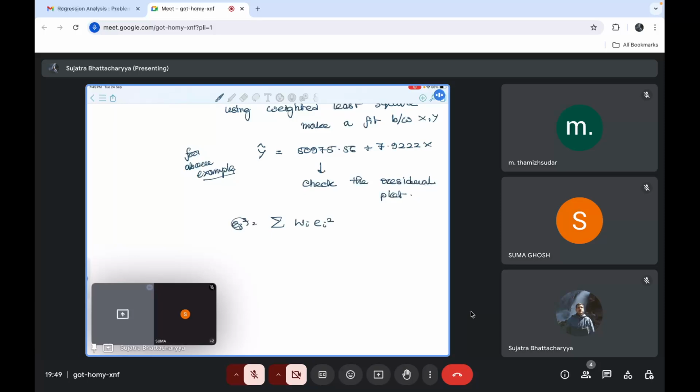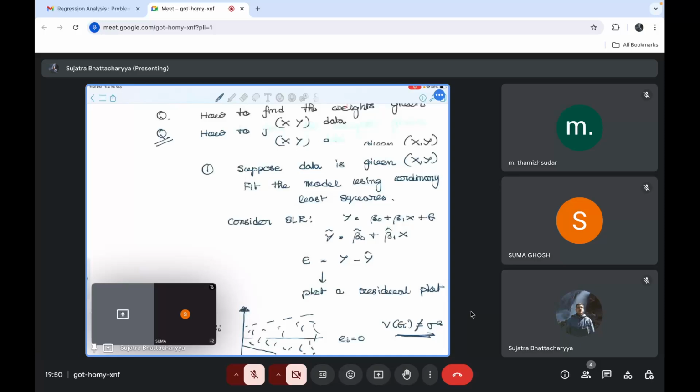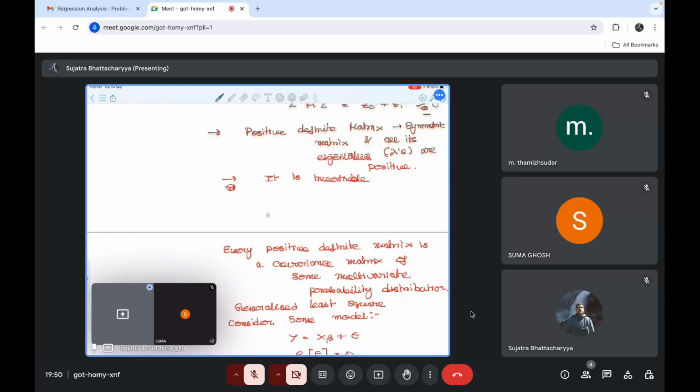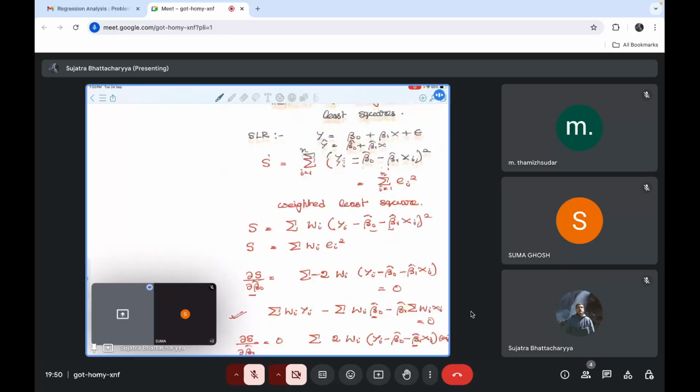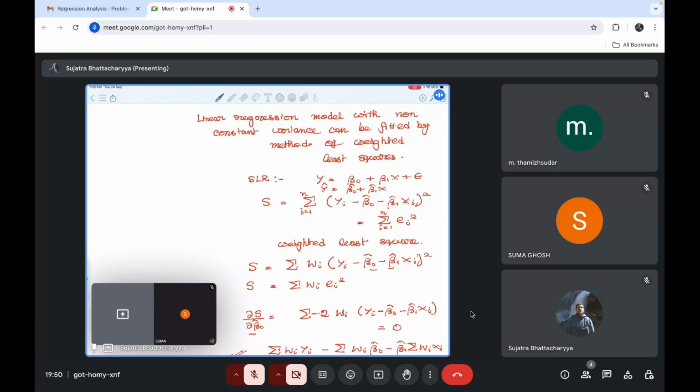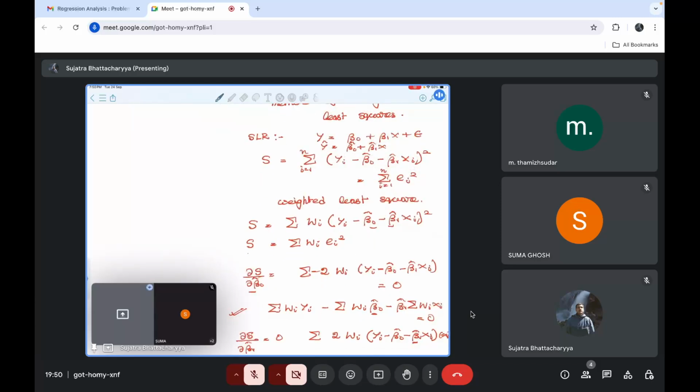Remember, this is not ei square, this is the residual. So this is wi ei square. Let me go over there where I have just started. Yes, see. The weighted least square S is nothing but wi ei square.